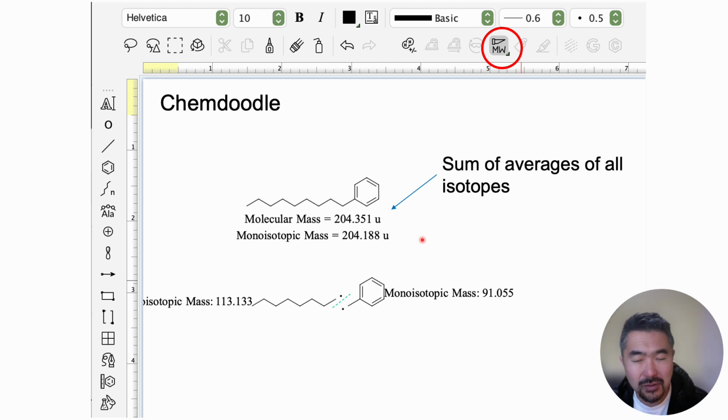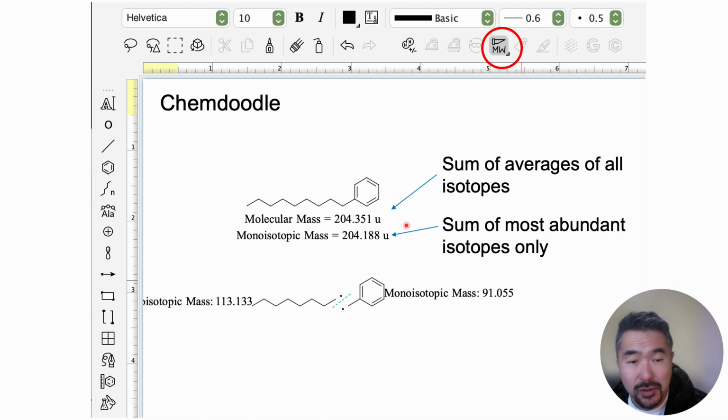Molecular mass or molecular weight is the average of all of those. So that's why it's not a clean whole number. Monoisotopic mass is the sum of, for each element, the most abundant isotopes only. So often it's a little closer to the whole number, but not always. So that's what this is and the difference.